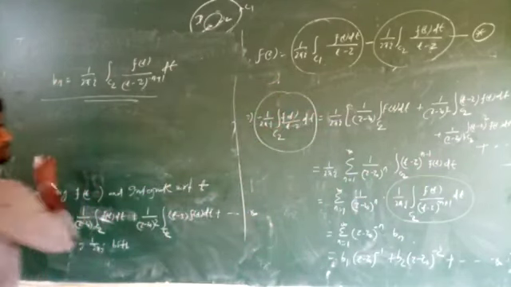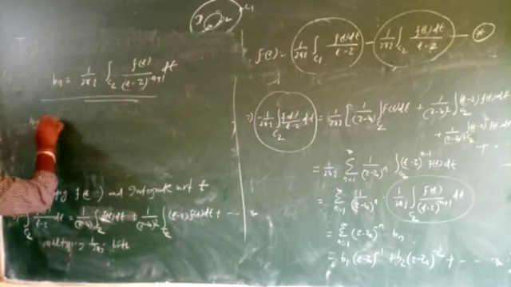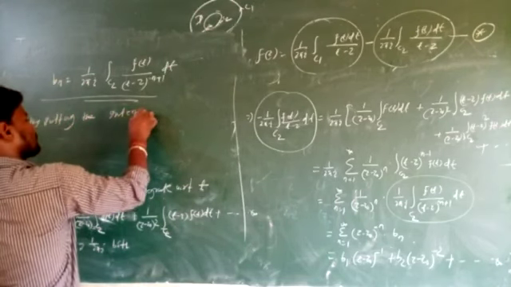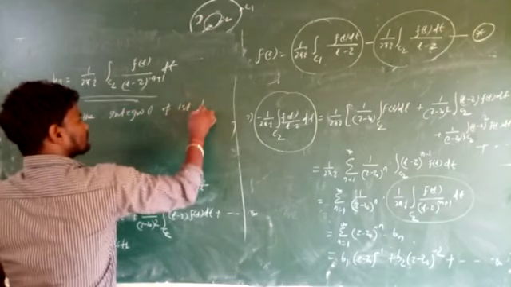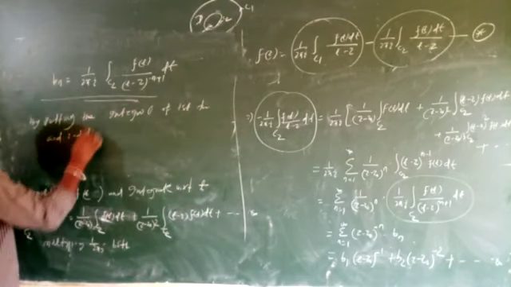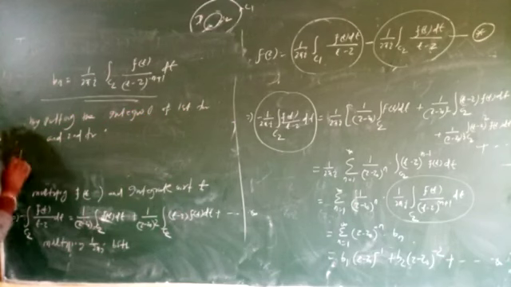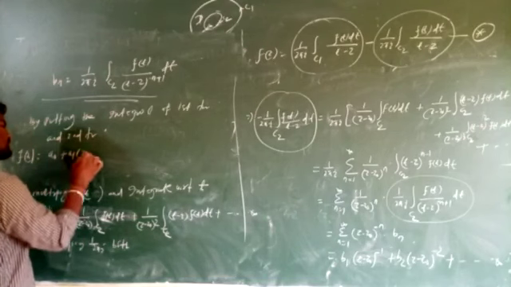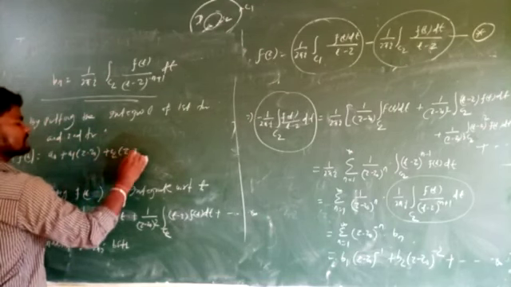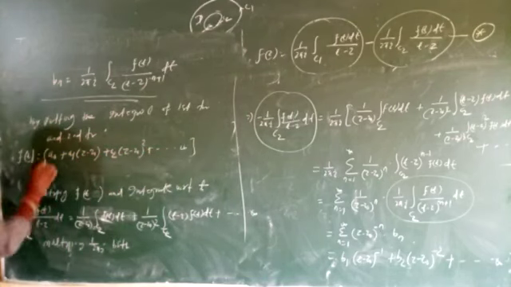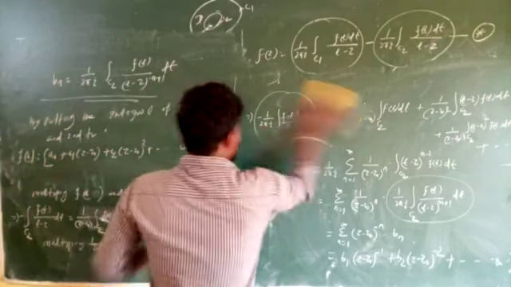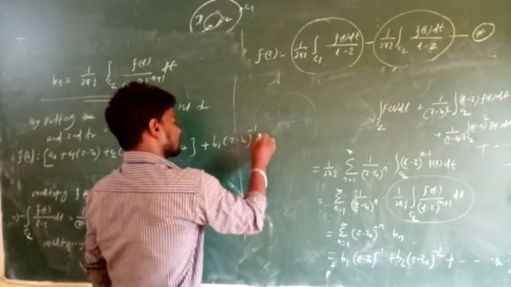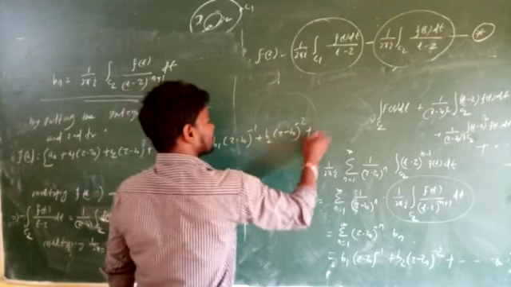By putting the integral of the first term and the second term, f(z) equals A0 + A1(z − z0) + A2(z − z0)² + up to infinity, plus what is the second term? B1(z − z0)^(−1) + B2(z − z0)^(−2) + up to infinity.